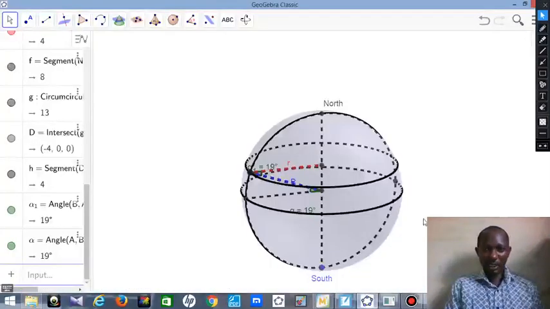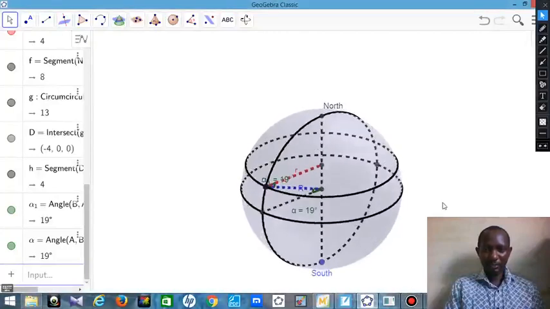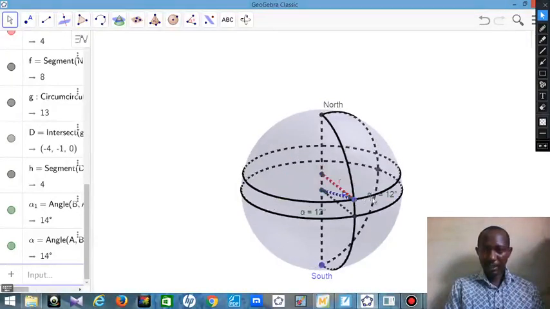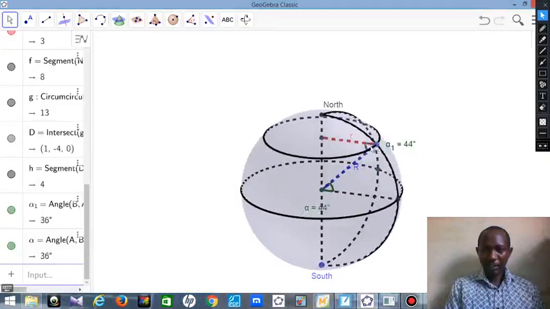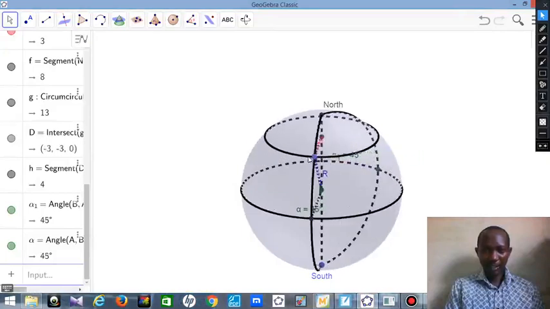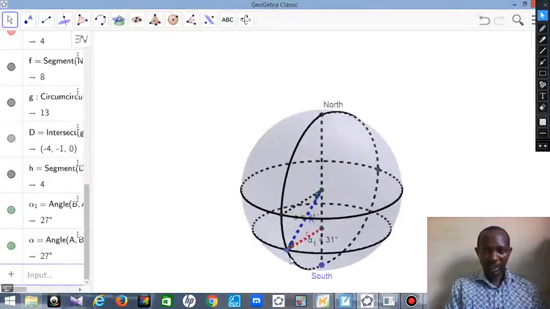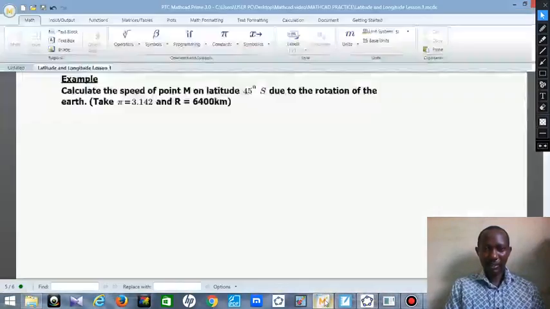Let me just demonstrate this question. You see what they are saying? It's just like this very point. This is the point they're talking about. This point that I'm moving around this sphere is now down in the south direction. That's what the question is talking about, 45 degrees south.